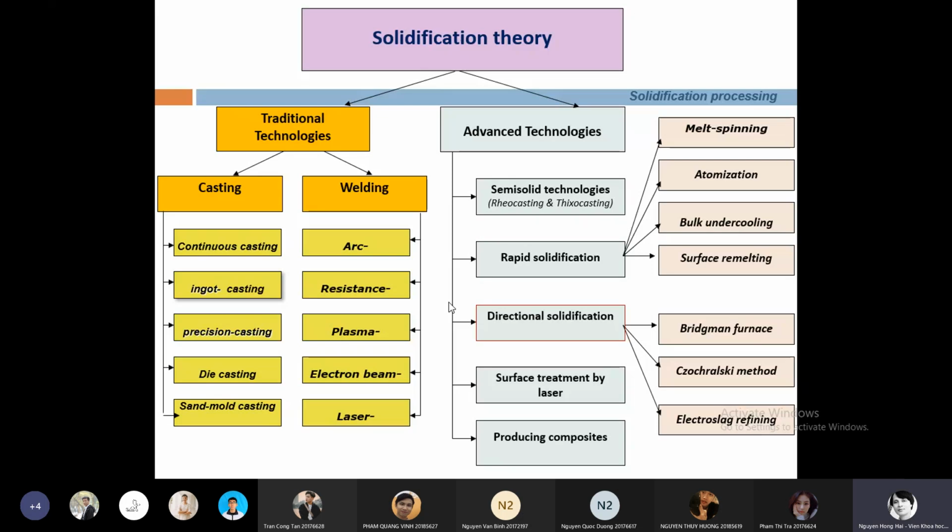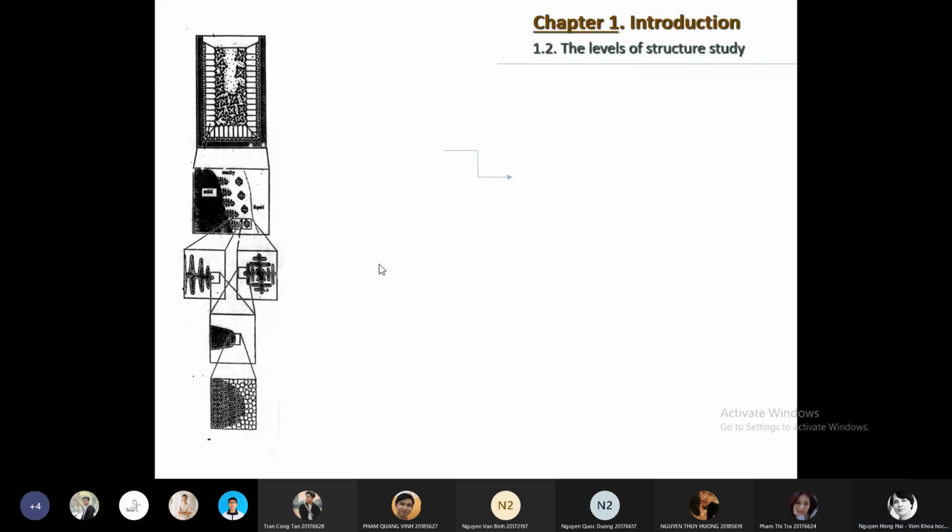And we see now the levels of structure study. The level from the very high, very coarse level. It is in the meter. It's casting, the ingot casting like this.